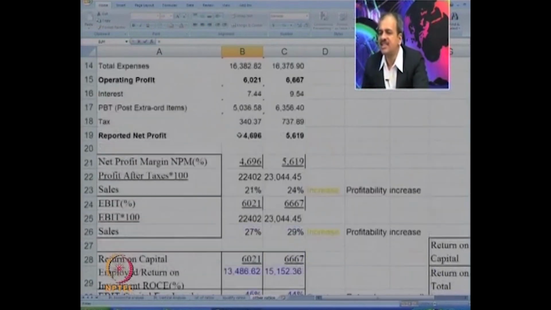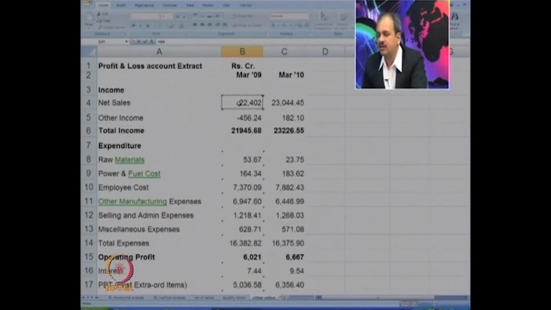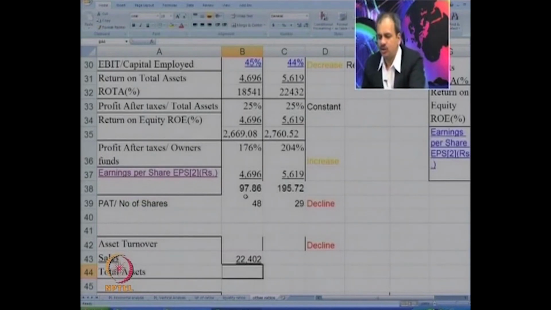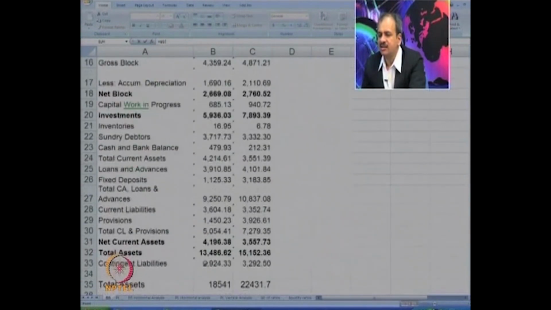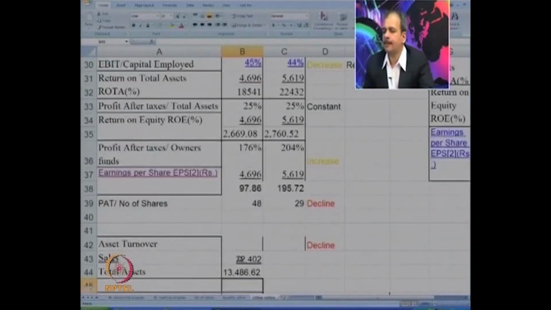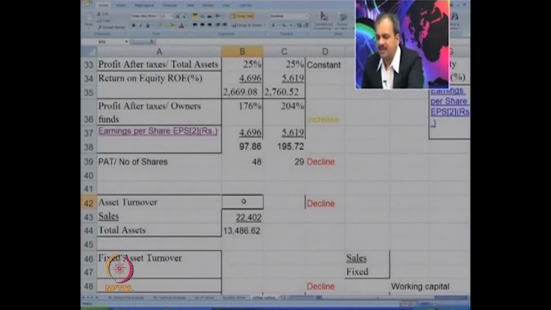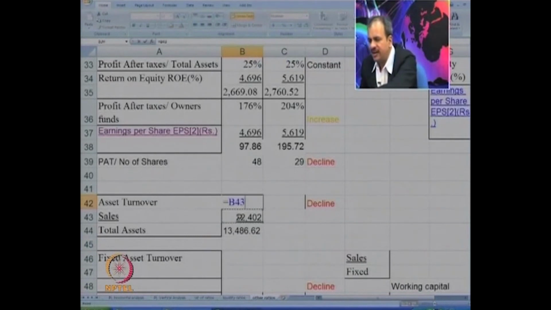So, total sales you know here, and the total assets we have to get from the balance sheet. So, balance sheet total assets, and this ratio tries to relate assets versus sales.